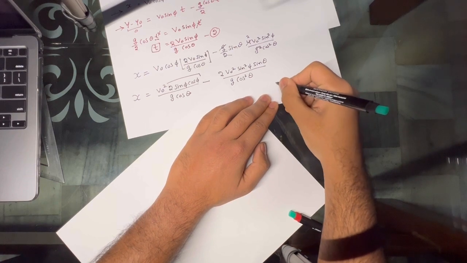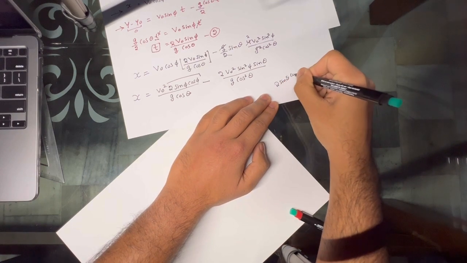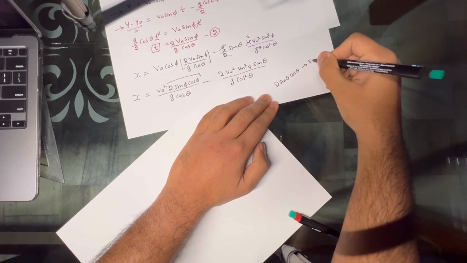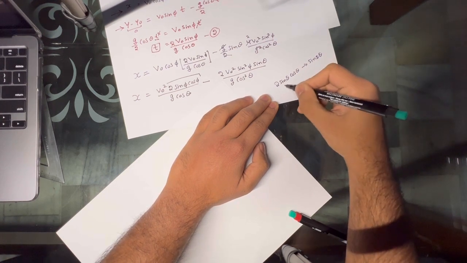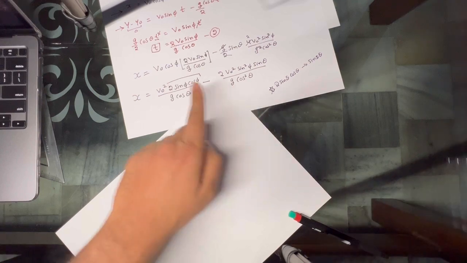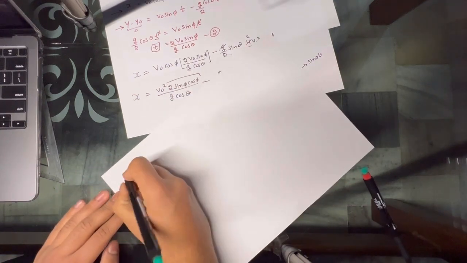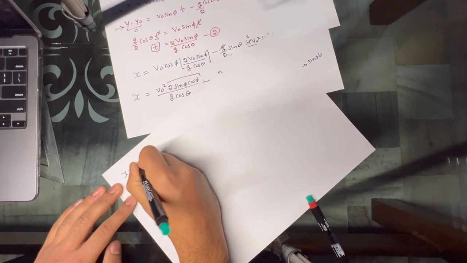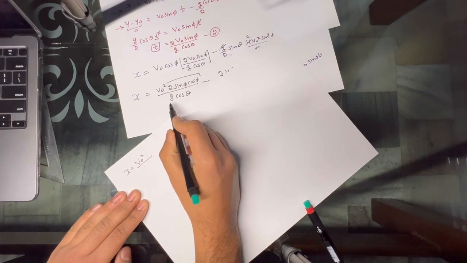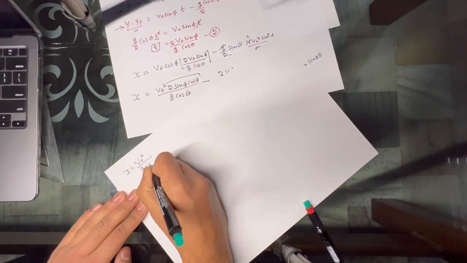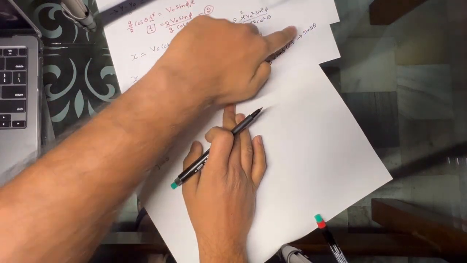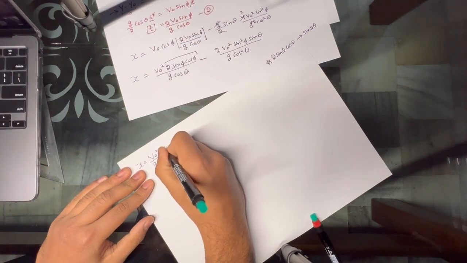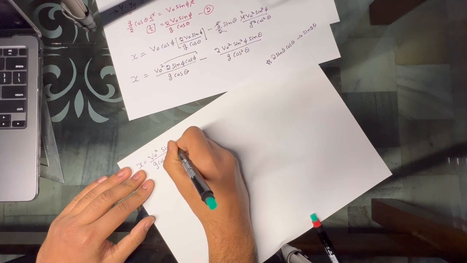If there is 2 sin theta cos theta, it becomes sine of 2 times that angle. Okay, so we will use this term here. Let's do this. What we will get, x equal to v naught square upon g cos theta, and this term will become sine 2 theta. Sorry, phi, here phi, sine 2 phi.